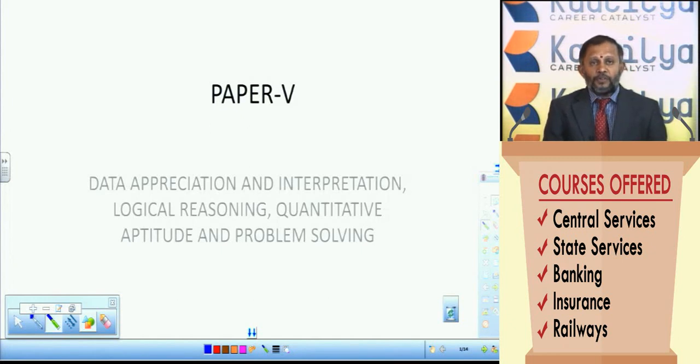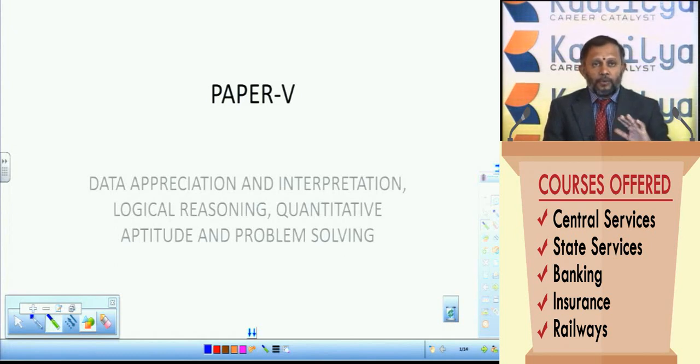In addition to these two, we have some questions on graphs, tabular forms, pie diagrams, which can be considered as data interpretation. So we have to analyze the data, and basing on that you have to answer the questions. Broadly these questions are based on graphs, bar graphs or line graphs, next pie diagrams, and then tabular form.